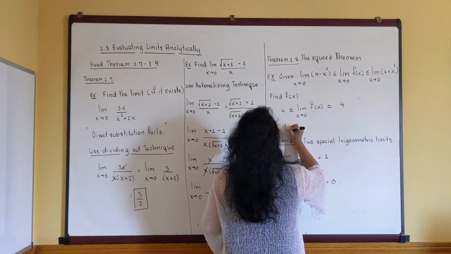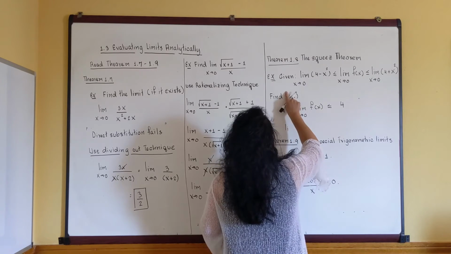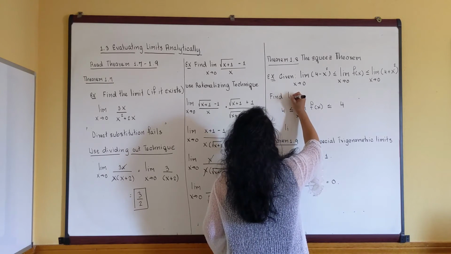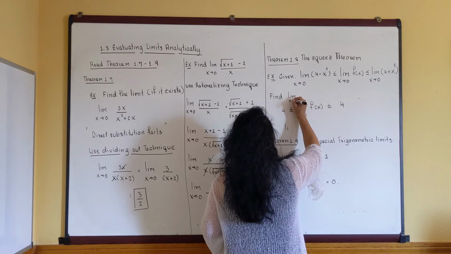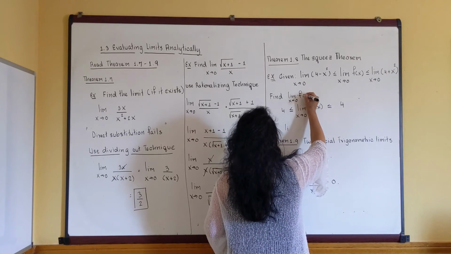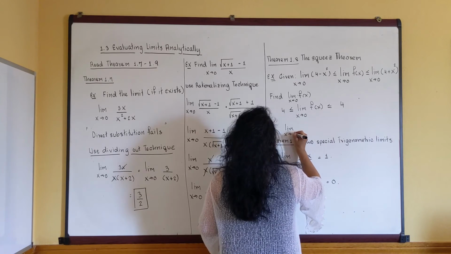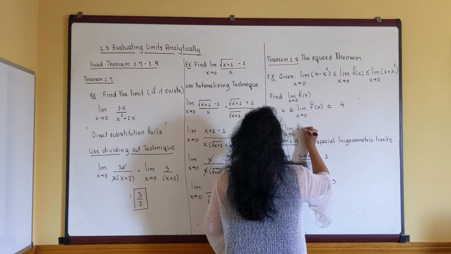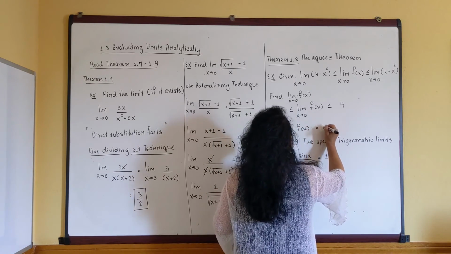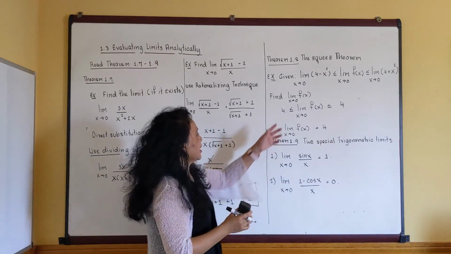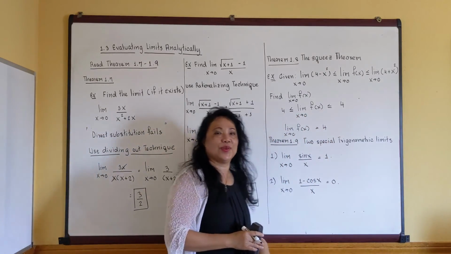So the limit as x approaching 0 of f of x is equal to 4. Because it's greater than or equal to 4, and less than or equal to 4, it has to be 4.